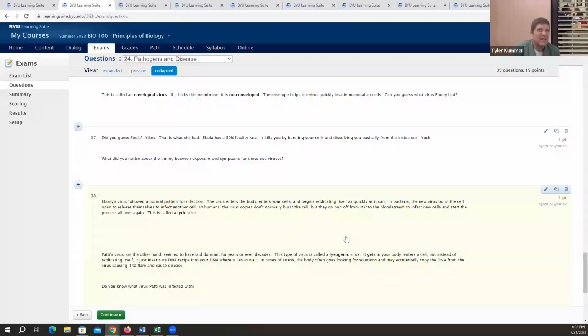HIV is a classic example of this. HPV is another one that works this way. If you've ever had a cold sore, it tends to come back in about the same spot every time.